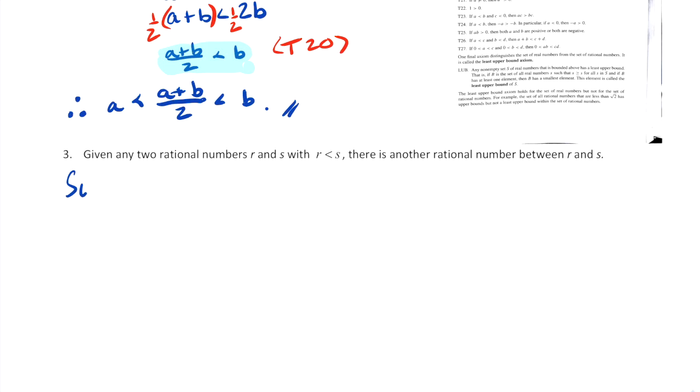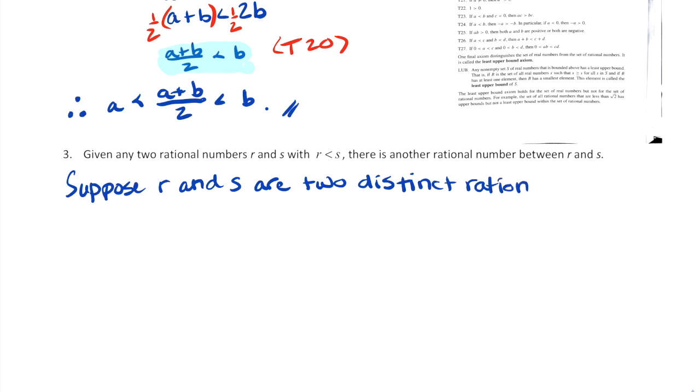Okay, well again, let's suppose r and s are two distinct rational numbers. And why don't we let t equal to r plus s divided by 2?